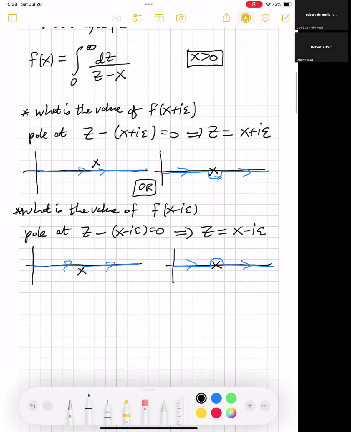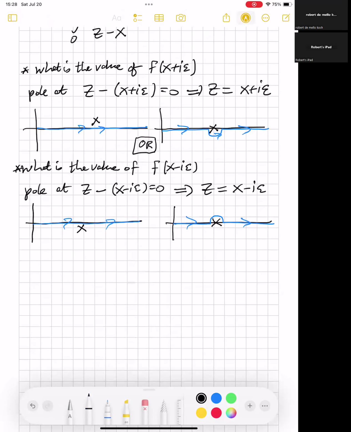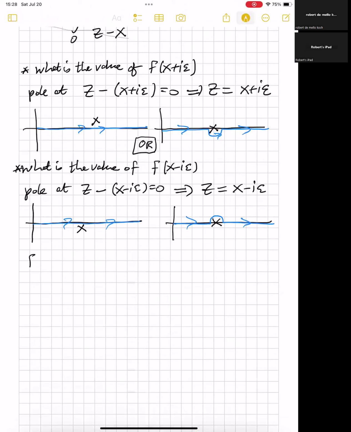Okay, great. So now what I would like to do is the following. I want to study the value of f of x plus i epsilon minus f of x minus i epsilon. So what is this equal to? What integral should I do?